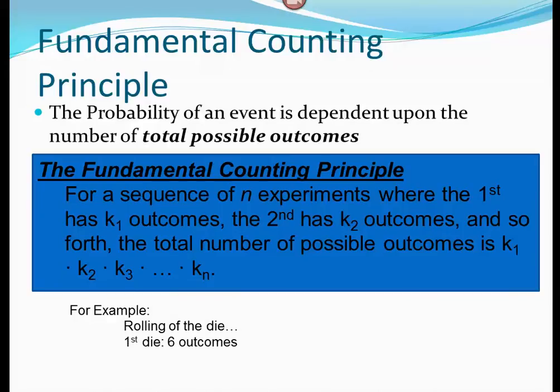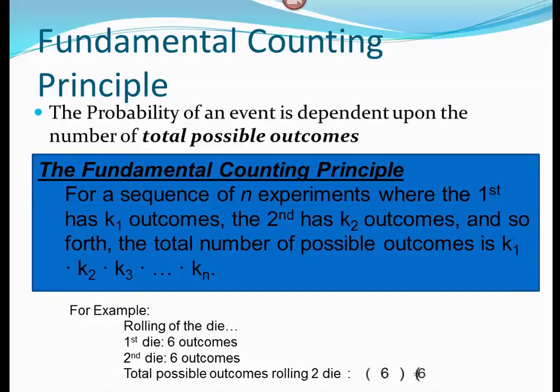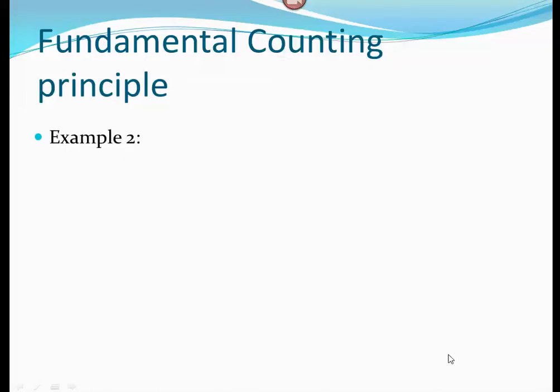But if we roll a second die, that second die also has 6 possible outcomes. And so if we wanted to count the number of total possible outcomes for rolling 2 dice, we would multiply those two numbers together, 6 times 6, and 36 is that understood number of outcomes that we've looked at several times.